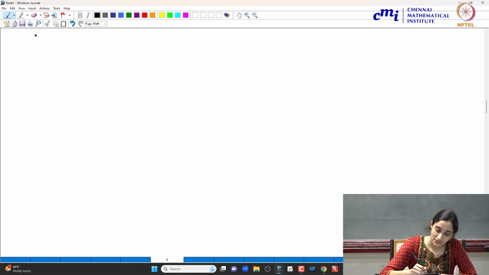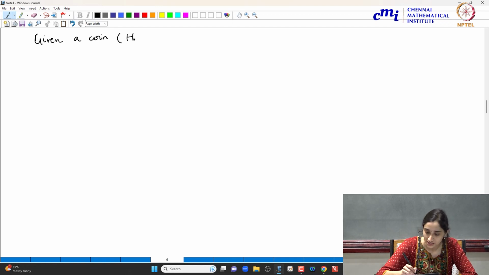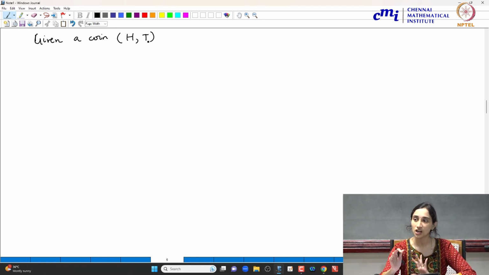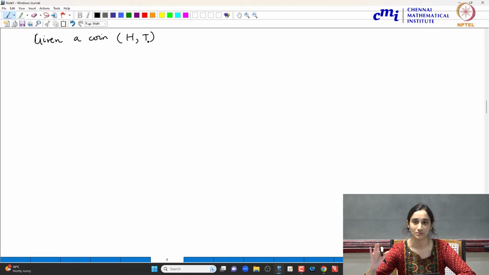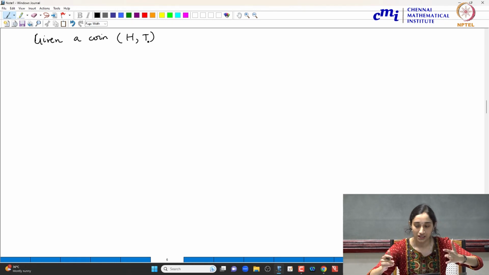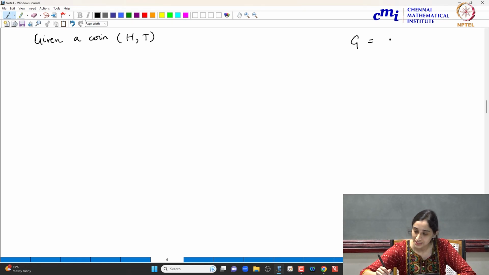So suppose I give you additionally a coin. It's a fair coin and it has two sides, head, tail. And you are allowed to toss this coin as many times as you want. So you are given a graph G. It has some n vertices.